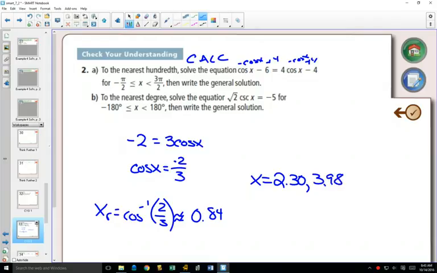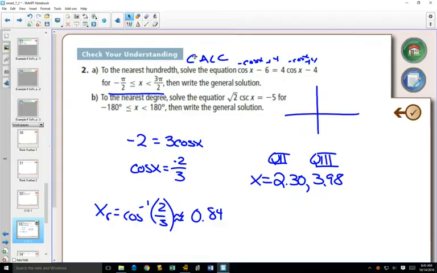How did you do? Good. So this is in quadrant 2. This is in quadrant 3. And this is from 0 to 2 pi. Now we need to check if we change our domain from negative pi over 2 to 3 pi over 2.